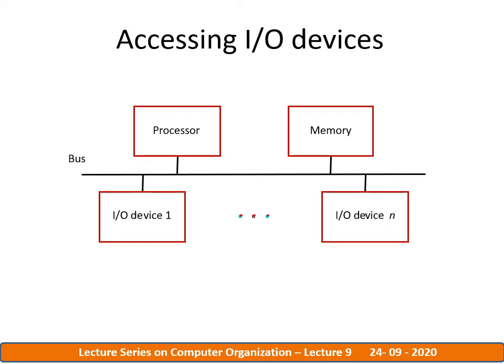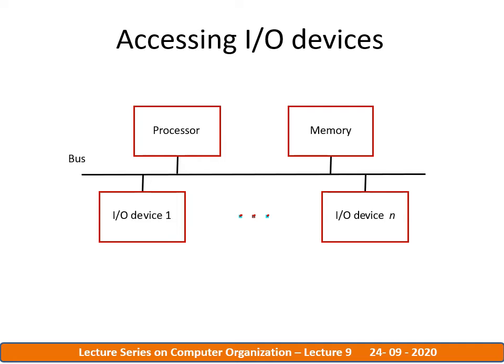Just as people have addresses and are identified based on the address, similarly here also the devices have a unique address. Only the addressed device is enabled to respond to the commands issued on the control lines.